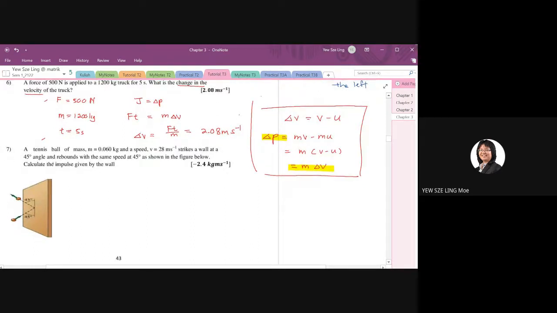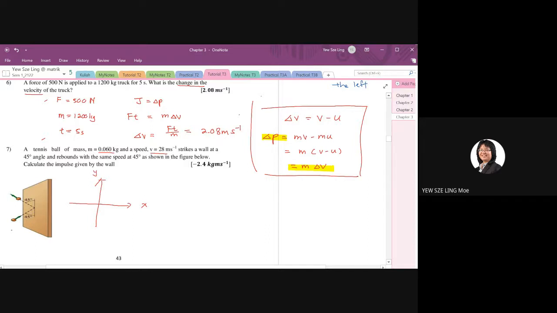Alright, question number 7. A tennis ball of mass m equals 0.06 kg and v equals 28 meters per second strikes a wall at 45 degrees and rebounds with the same speed, as shown in the figure below. Calculate the impulse given by the wall. So now you move these two vectors into a Cartesian coordinate system, x component and y component.